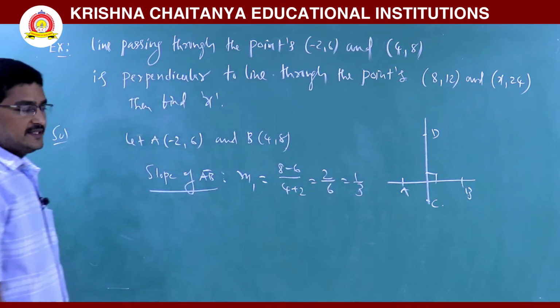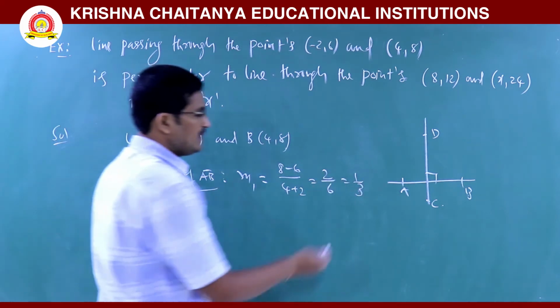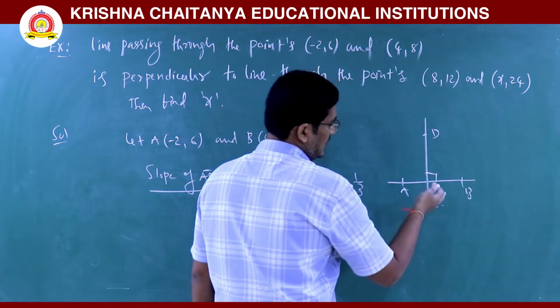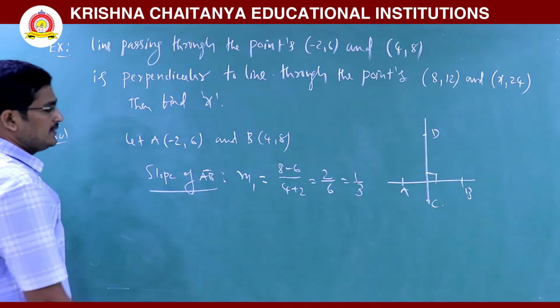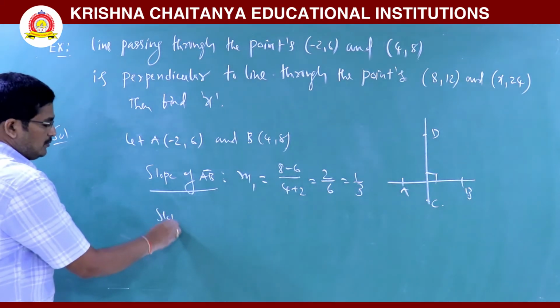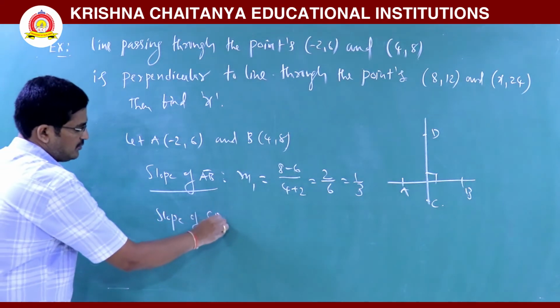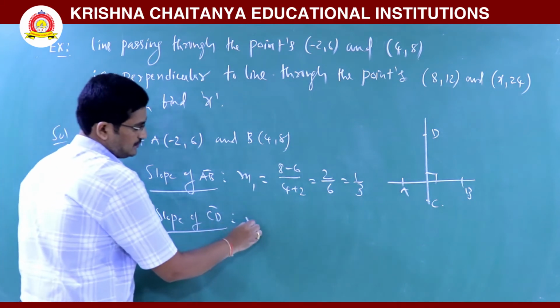This is the slope of AB bar, m1. This is the slope of CD bar, I am taking m2.